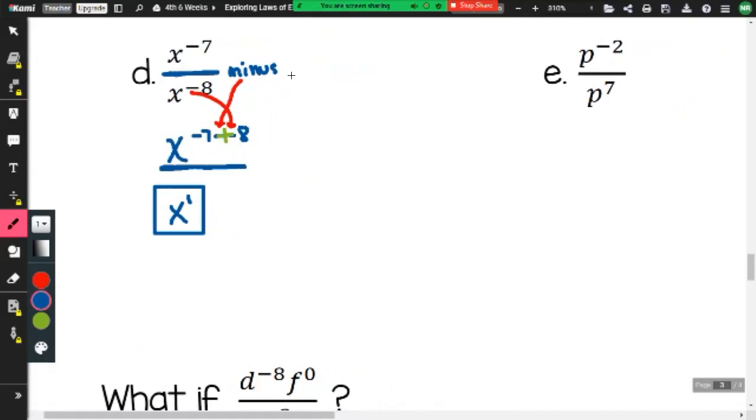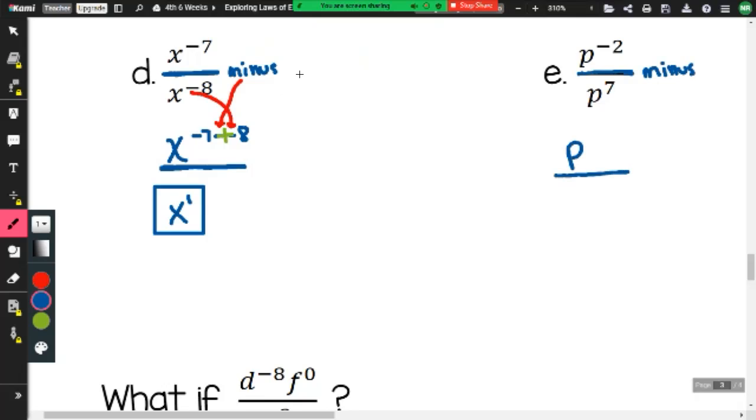Look at example E. My power is which one? Or my base for this power is? The base is P. If you are dividing two powers with the same base, you subtract the exponent. The rule, the law for the exponent is to subtract them, to minus them, okay?